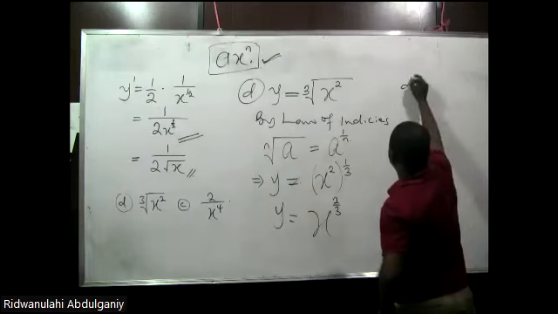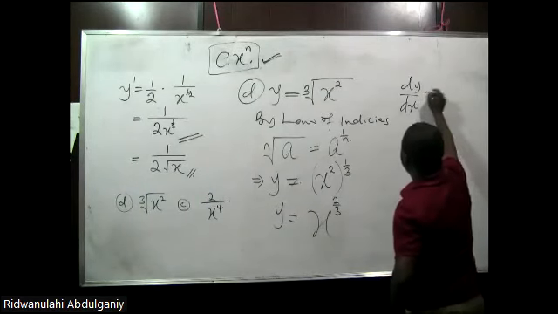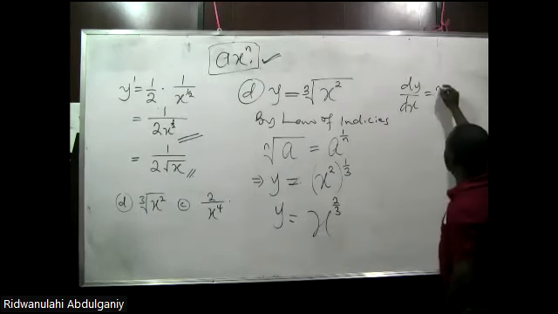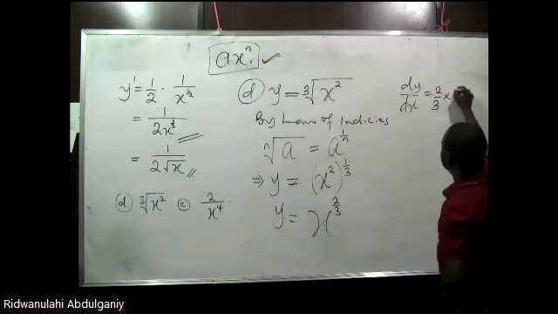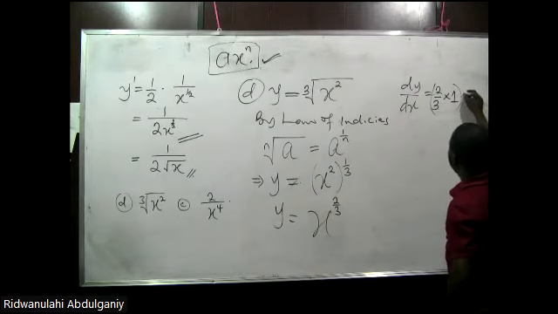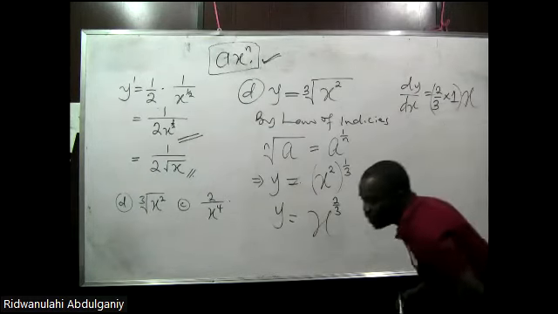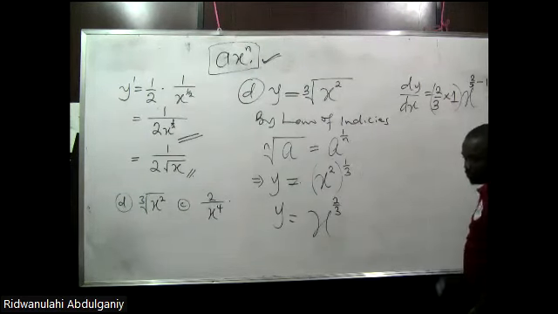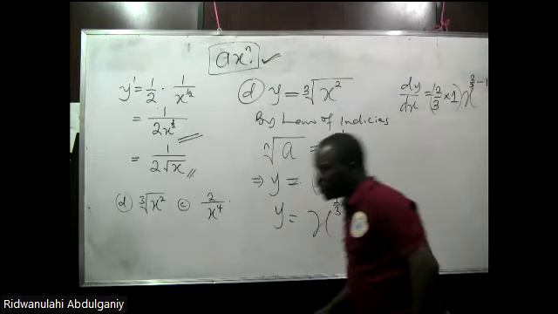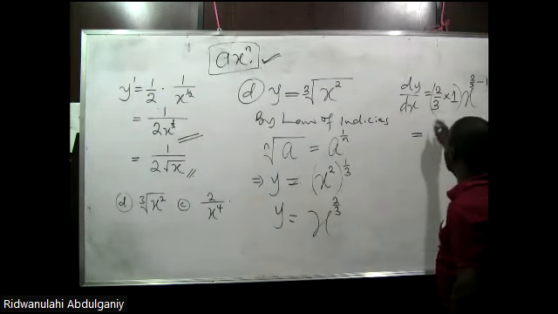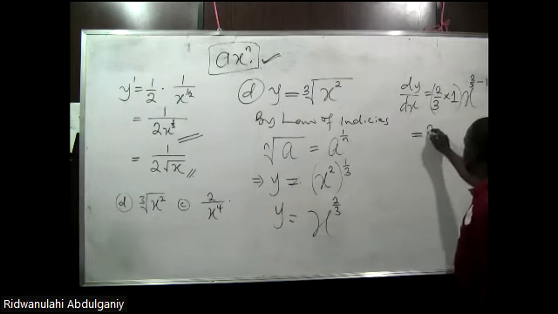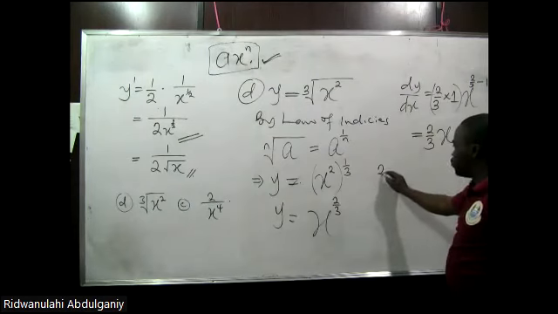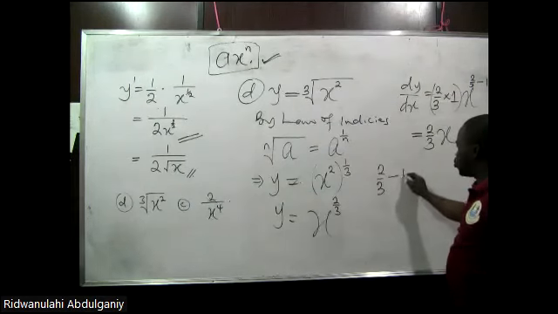We now go by our law. The law says I should multiply my power by the coefficient. Our power is 2/3 and the coefficient is 1. X, then 2/3 minus 1. That's what we have. So 2/3 times 1 will give us 2/3, x raised to power 2/3 minus 1.